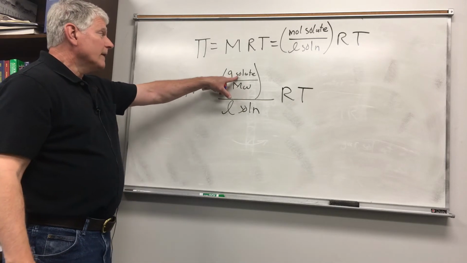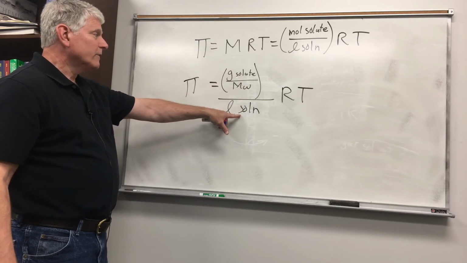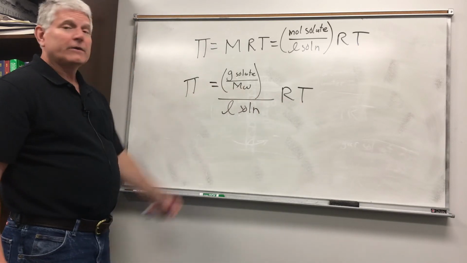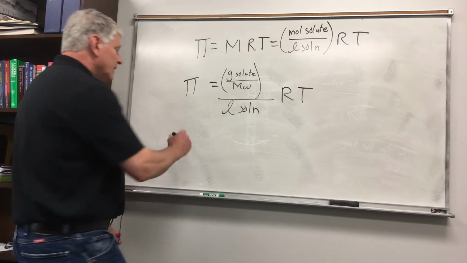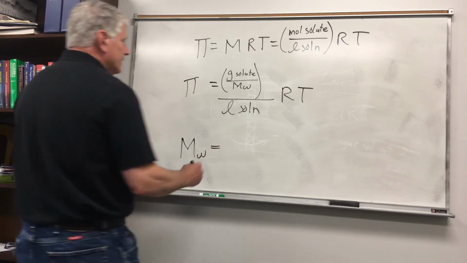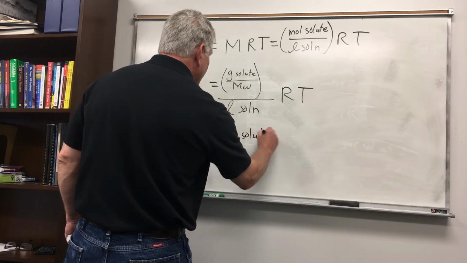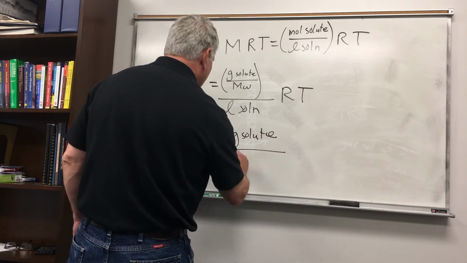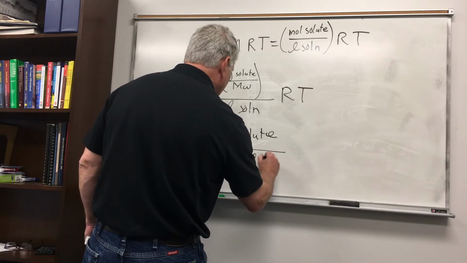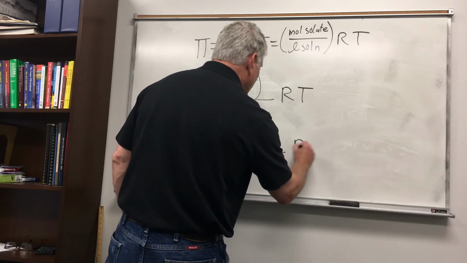So if we measure certain grams of solute, put it in a certain liter of solution, and we know the temperature, we can calculate the molecular weight. So just solving this for molecular weight, I get grams of solute divided by the osmotic pressure times liters of solution times RT.